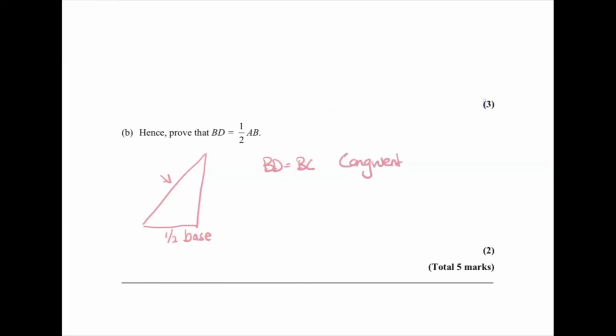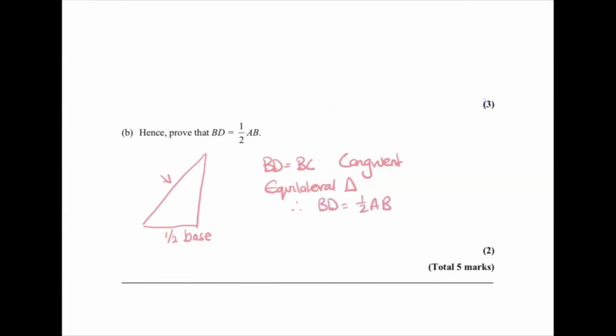And we've gone through the proof of that above, so I don't need to do any more than that. We know that we had an equilateral triangle, which also helps explain because our edges were all equal, so it had to be half. So therefore, BD is equal to a half AB.